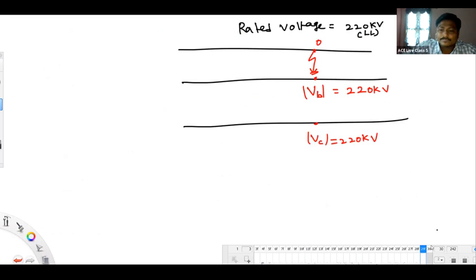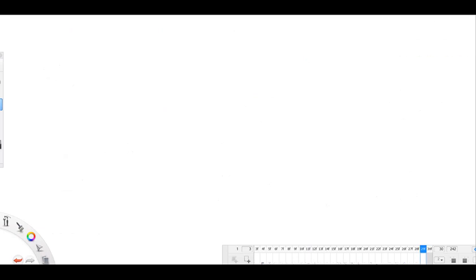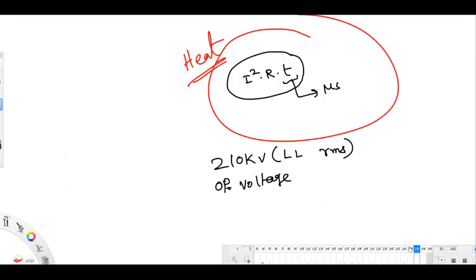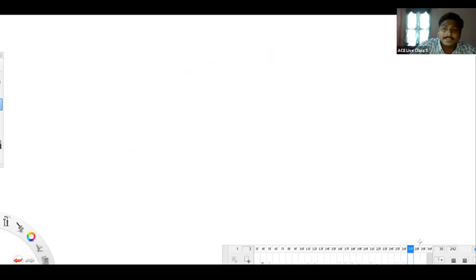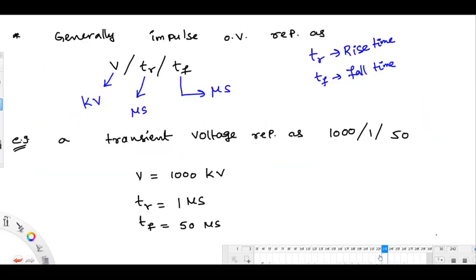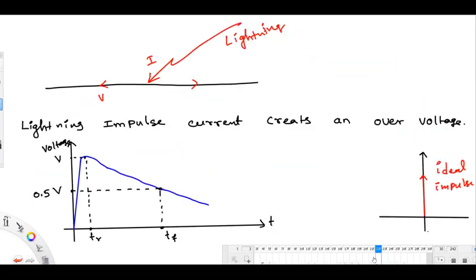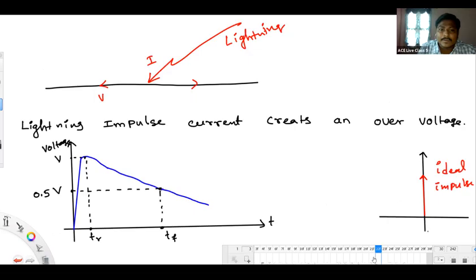Sir, in the rise time and fall time graph, the time duration of the fall time is much greater than the rise time. Correct. That's a practical observation only, that fall time is very large compared to rise time.